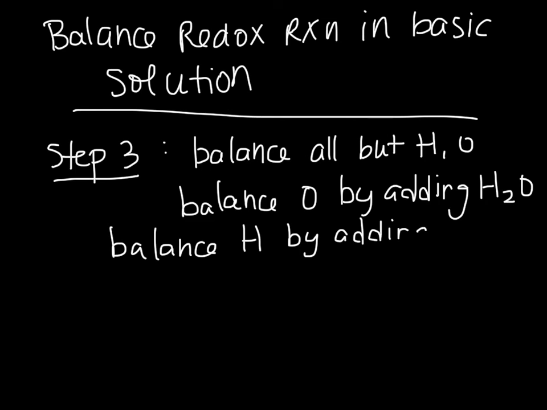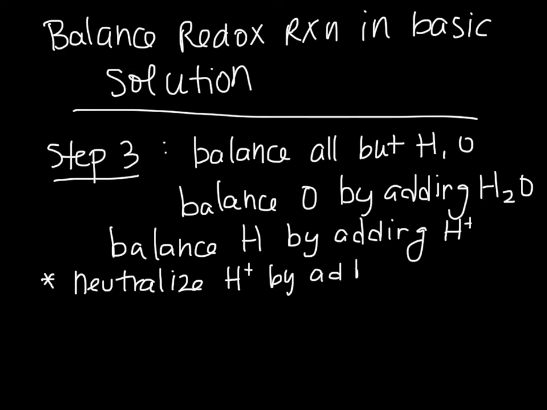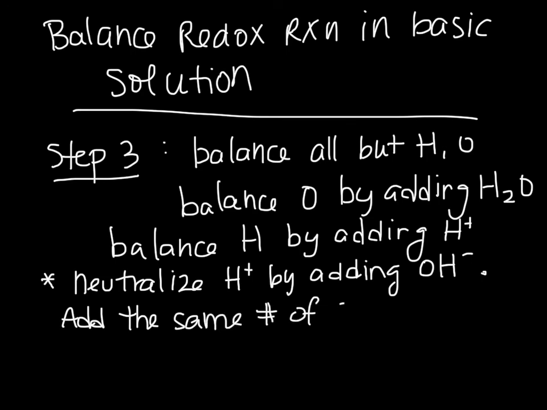by adding H+, but if we're doing this in a basic solution we can't have any H+ hanging around, and so this is where the extra step comes in. So if it's a basic solution we need to neutralize the hydrogen ions by adding OH-, and when we do this we want to add the same number of OH- to both sides of the reaction.